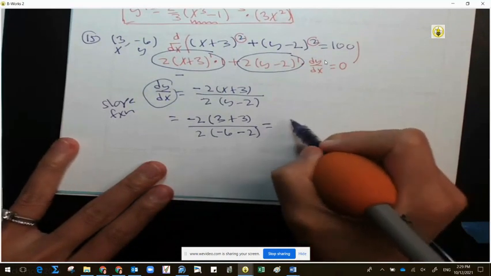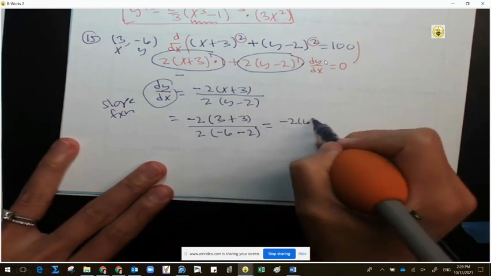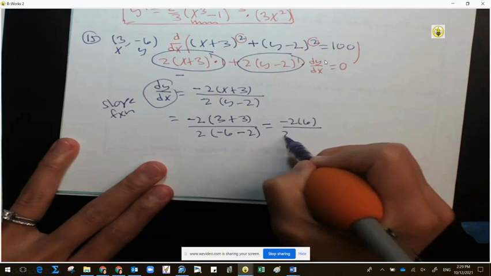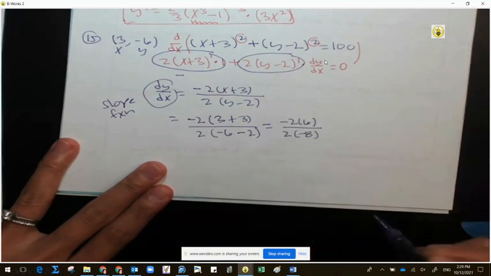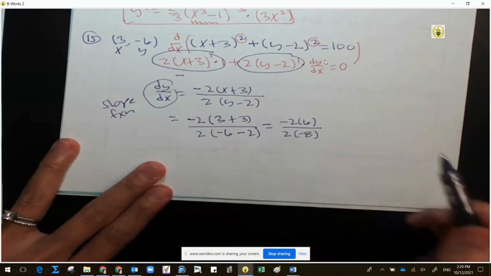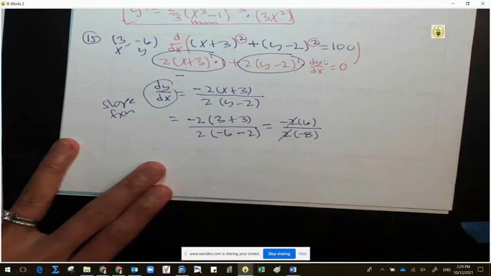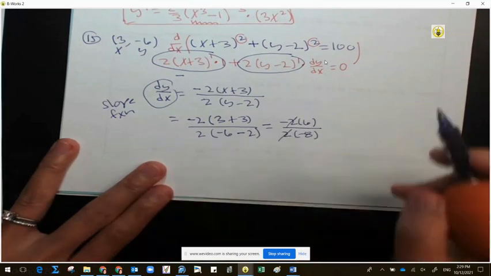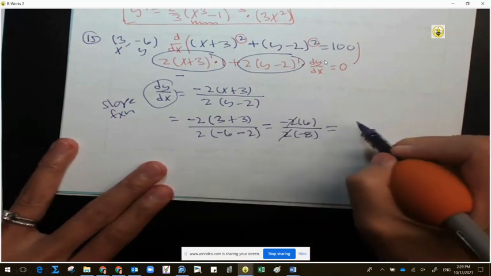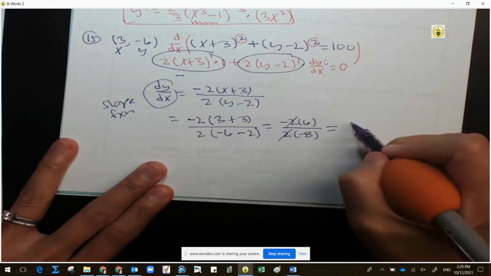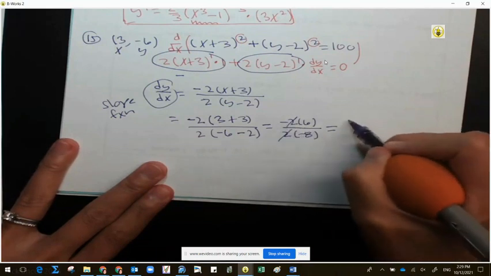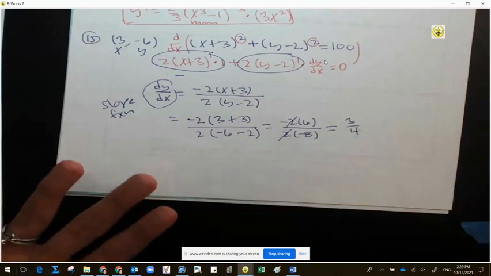And if I do my tedious math from here, we get negative 2 times 6. The bottom is 2 times negative 8. Don't we know the 2's are going to cancel anyways? You can multiply it out if you want, but you don't have to. Right, Grant? Was on the computer the whole time? So we get 2 negatives, 3 over 4.